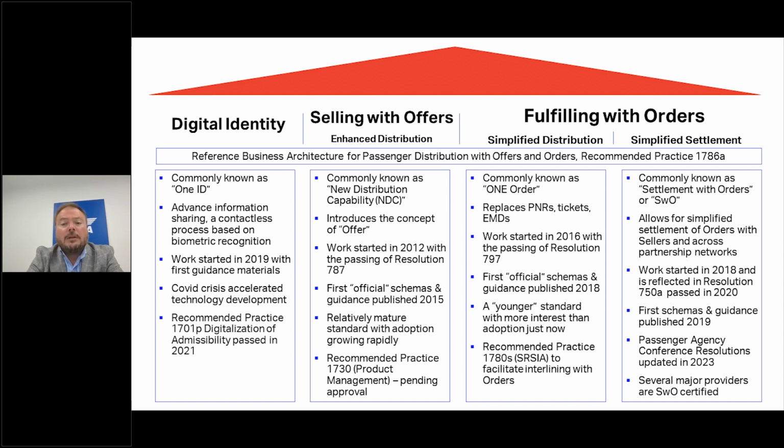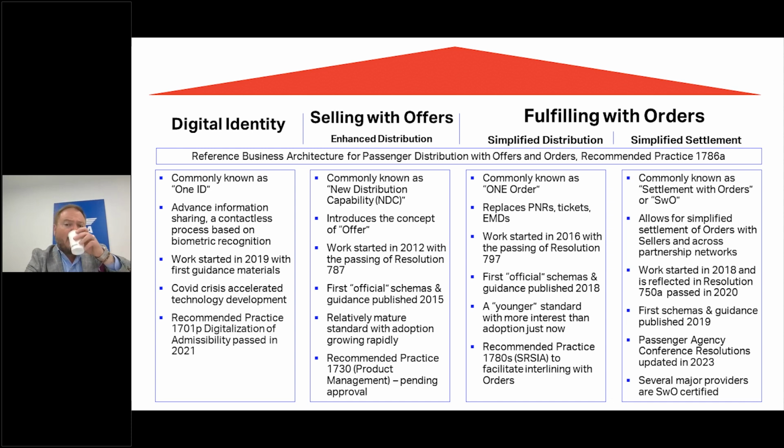And there's been quite a lot of work that's been ongoing around the actual data interchange standard or the schemas to support it. More recently, what was added into the simplified distribution pillar is recommended practice 1780, which is a supplier retailer agreement framework that is there to support interline and more broadly partnership relationships between airlines and their partners.